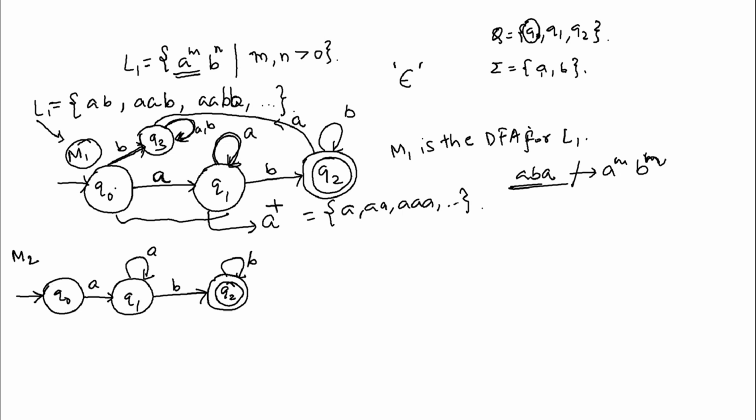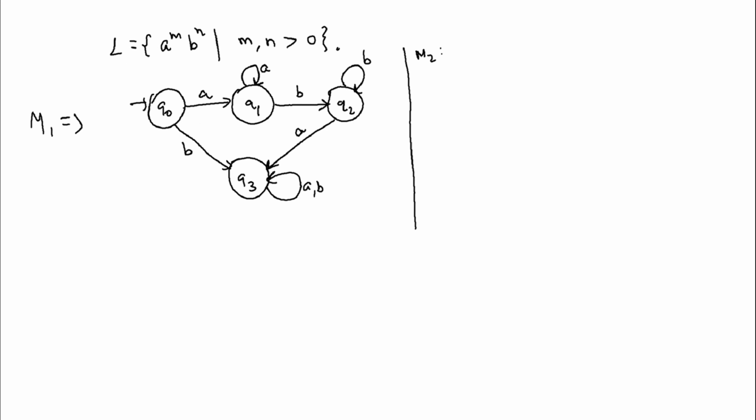Okay. So let me make this page a little neat and clean. M1 is one DFA for L1, and we are constructing another DFA M2 for L1 with a slight change in M1.